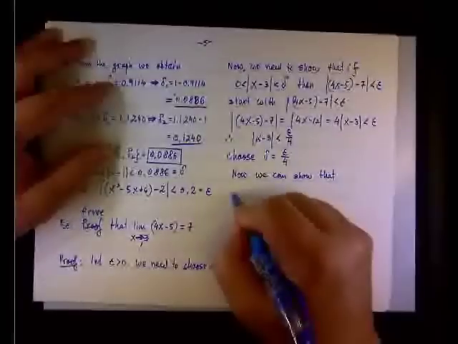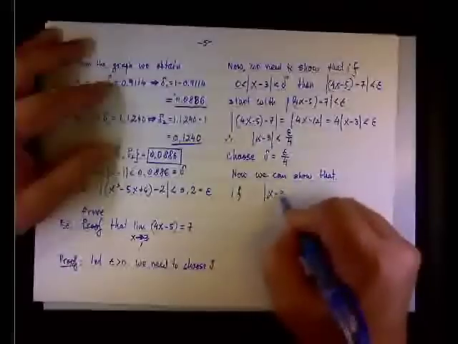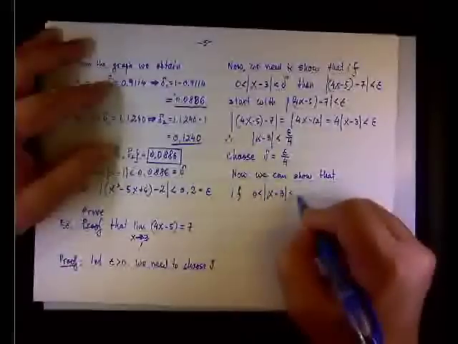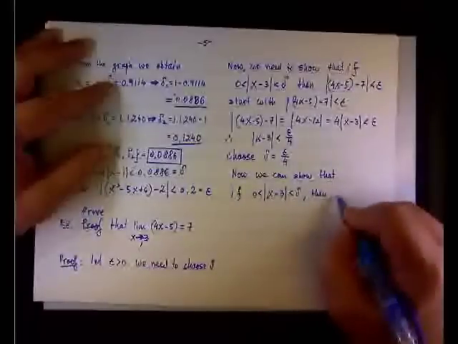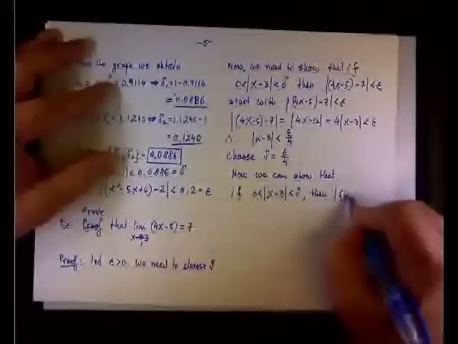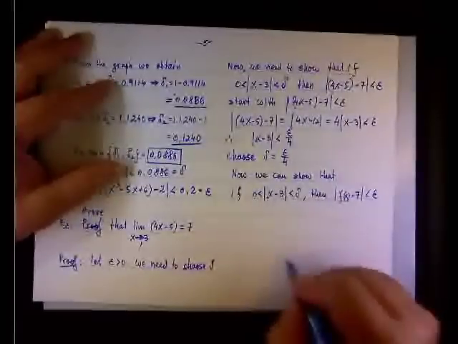Now we can show that if the absolute value of x minus 3 is less than delta, then the absolute value of f of x minus 7 is less than epsilon. And now we do it.